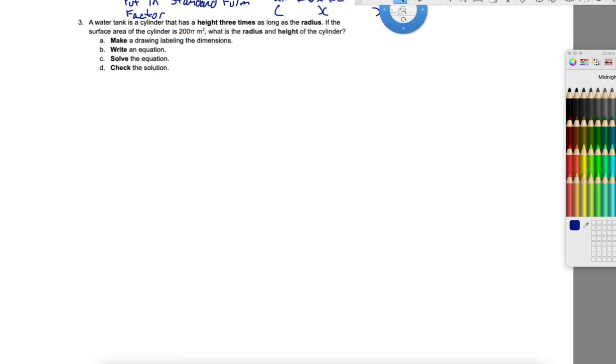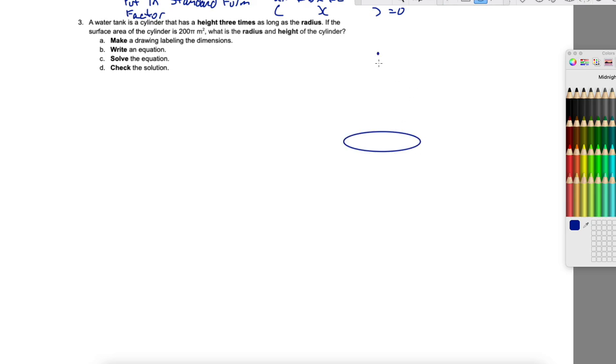Okay, so this last one right here, I think 3 is actually easier in a way. It just deals with a cylinder, which is a little bit more difficult in some ways, but the math works out to be a little bit more simple.